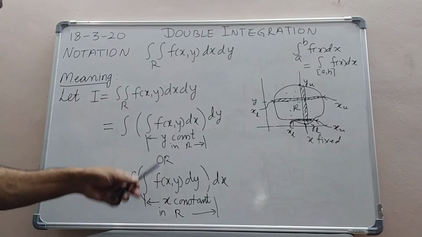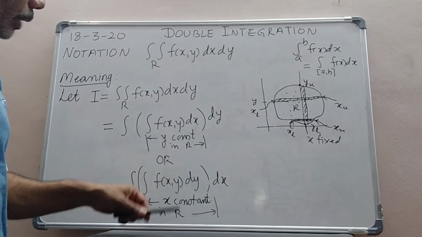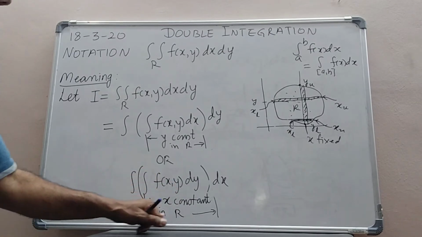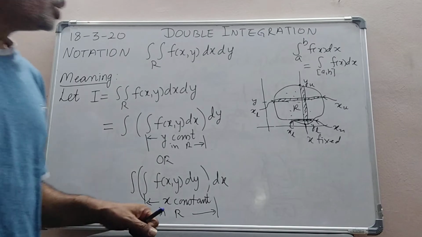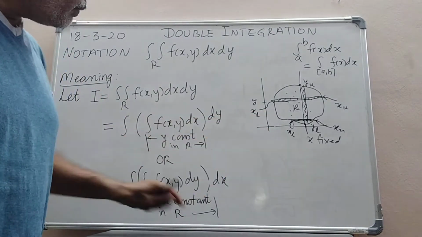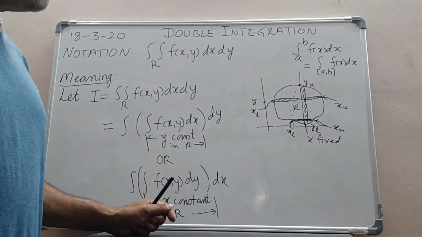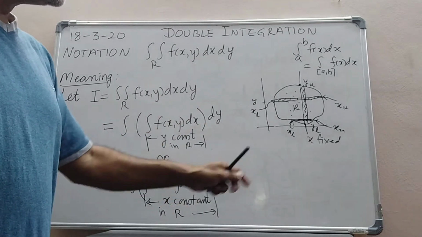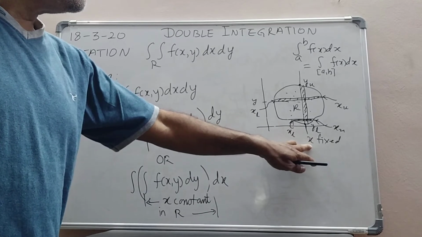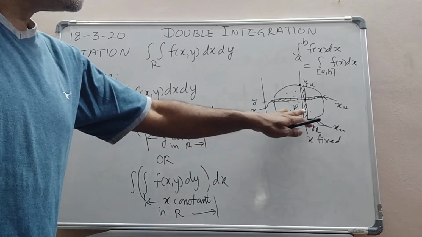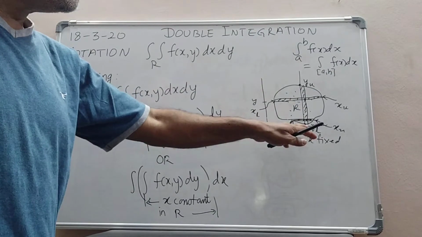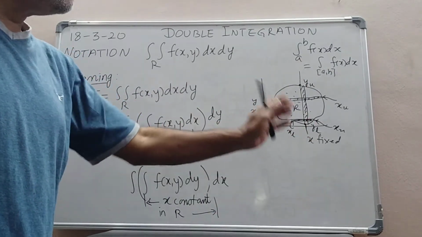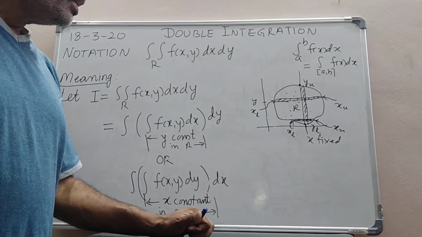So if you decide to carry out integration first with respect to y, you need to consider x to be a constant, again in the region R. So if I have to carry out the evaluation as per this line, then what I do is I fix a value of x. And if you go along this particular line parallel to the y-axis, what is changing is y. The value of x is fixed.